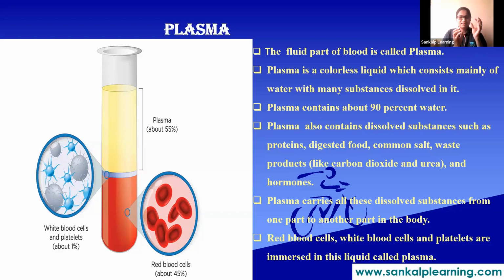So like this, the plasma fluid takes all these substances from one part to another part of the body. Next, the red blood cells, white blood cells, and the platelets will be immersed in this liquid. As I said before, all the other cells of the blood will be floating in this fluid.